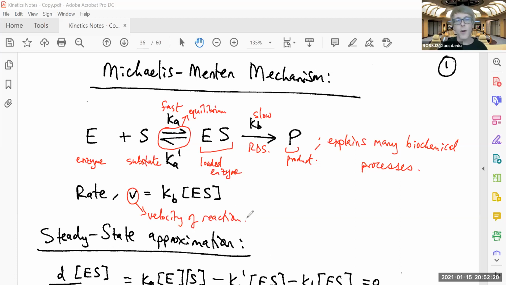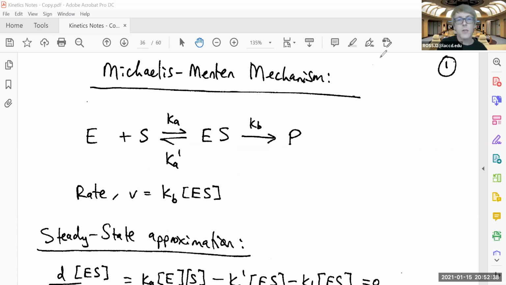It's just historically called V a lot. So the velocity of the reaction, or the reaction rate, if I'm trying to make product, is the slow step, which is kB, first order in ES.